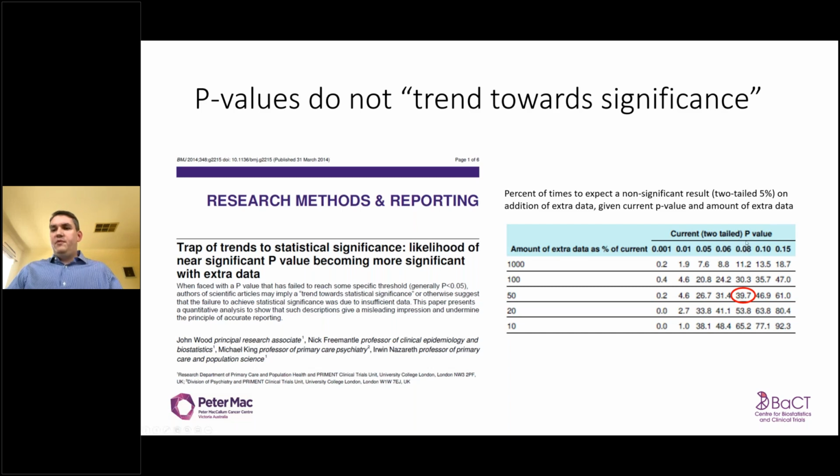Let's suppose that the p-value was 0.08, and then here we added 50% extra data to that analysis. This means that in 40% of the time, the results were still non-significant, even after adding 50% more data. So just because you add more data doesn't mean that the results will be statistically significant.